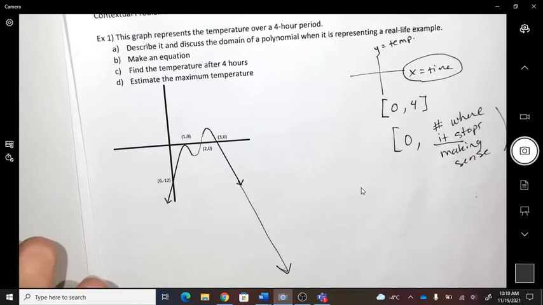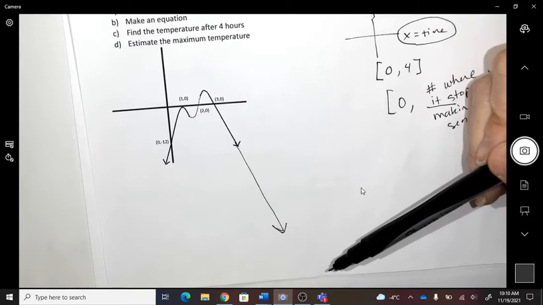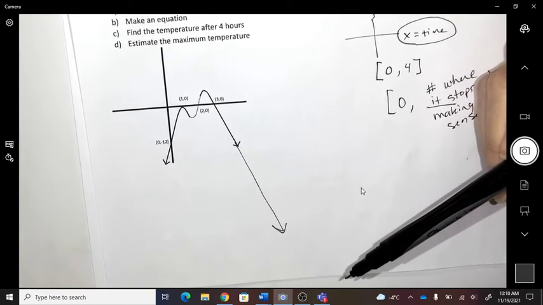Do I know that number? No, I don't really know that number. But eventually this polynomial is just not going to make any sense because it's going to go on forever. Okay? Does that make sense? Negative 300 degrees Celsius eventually is just not making sense anymore.